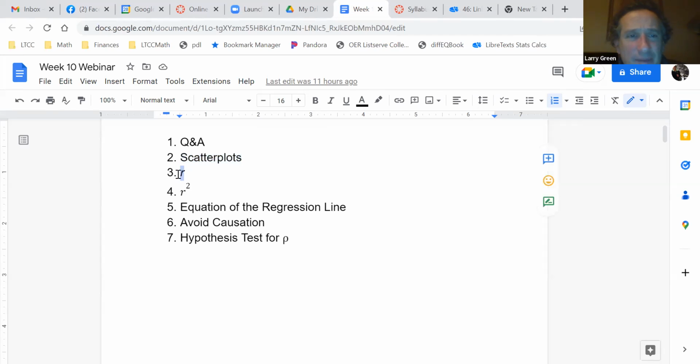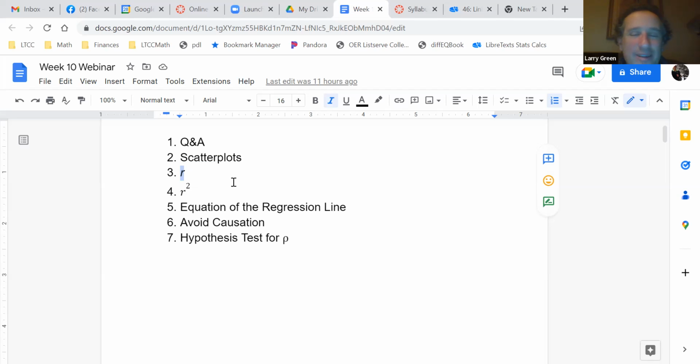Then we're going to be looking at something called R. And you may not know the letter R as in what it means mathematically, but you've probably heard the word correlation. So R stands for the correlation. Unfortunately, they didn't use the letter C. I'm not sure why. I think R for regression analysis is probably what it is, maybe, but I'm not even sure about that.